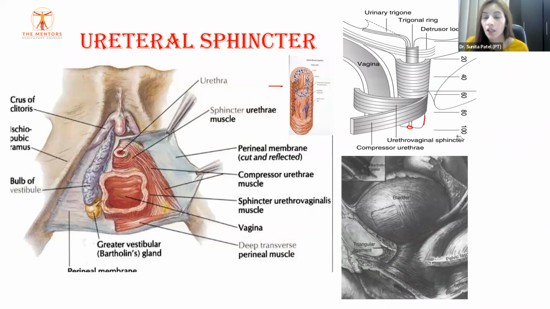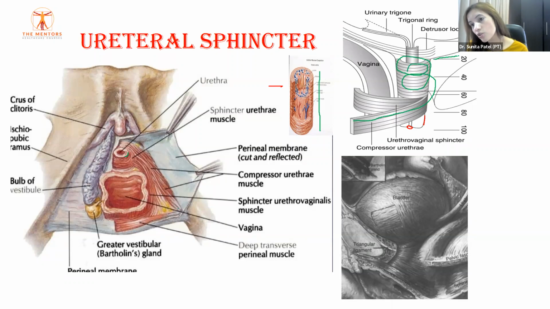So now you can understand this is the length. Assume the length is 100%. Okay. Out of this 100% length of urethra, long urethra, in this image you can see how the compressors will come and circle all the way throughout the length.